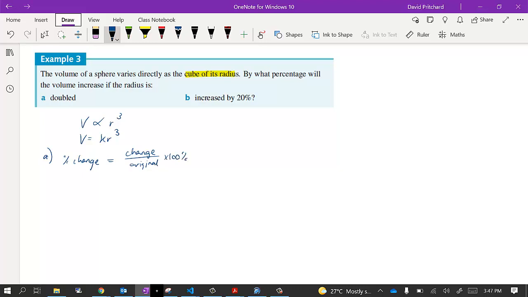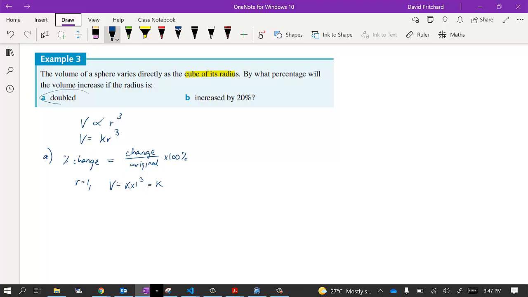And in order to find the change, we need to work out what the original was and what the new value is. So let's say an easy way to do this is to make up an original value. So we might say that originally R is equal to 1. And if R is equal to 1, then V is equal to K times 1 cubed, which is just K.